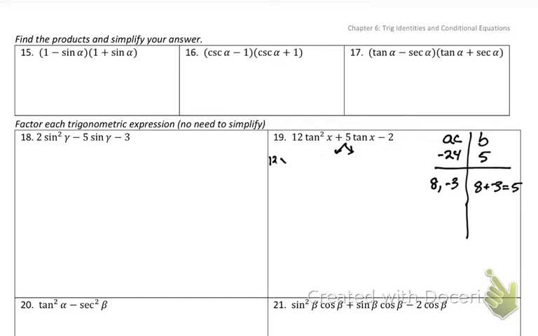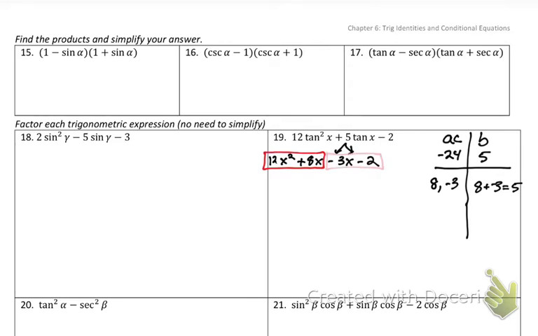So we'll say that's 12x squared plus 8x minus 3x minus 2. Just speeds it up a little bit rather than having to write those. So picture this is just 12x squared plus 5x, well, 5x split apart into 8x minus 3x. That works. Now we have two groups. Our whole point of factor by grouping is coming up with these two groups.